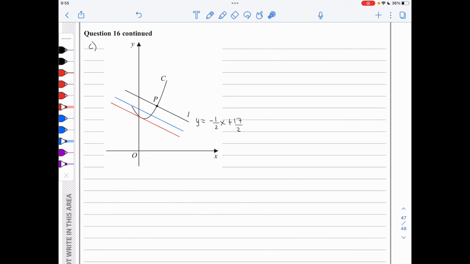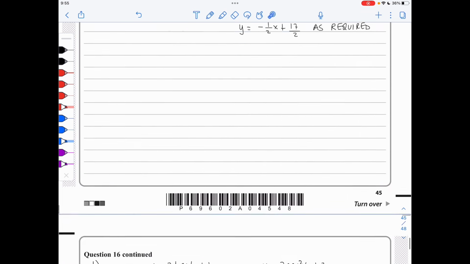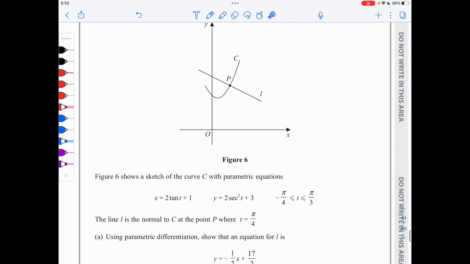If I briefly go back to the definition of the curve here, we see that t attains values between minus pi over 4 and pi over 3. And we can see that the furthest to the left I can go for x will be when t is minus pi over 4, and that's the point of interest here.